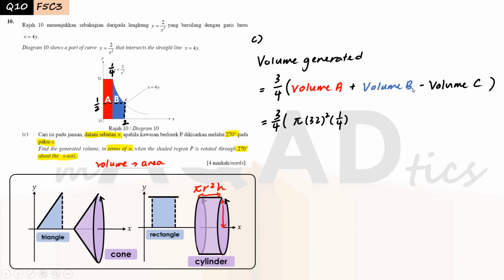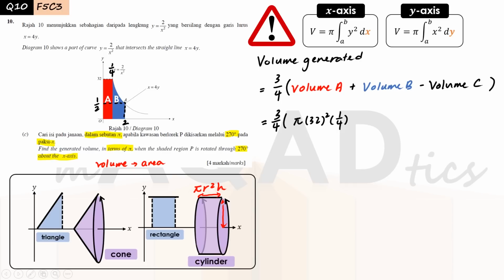For volume B, area B is the area under the curve, and if we want to find the volume with the area under the curve, we are going to use integration also. In the question here, it says rotate around the x-axis, so we are going to use the x-axis way. Please remember to put pi in the front first.